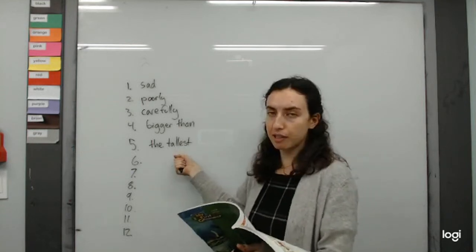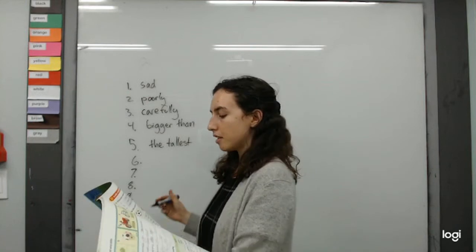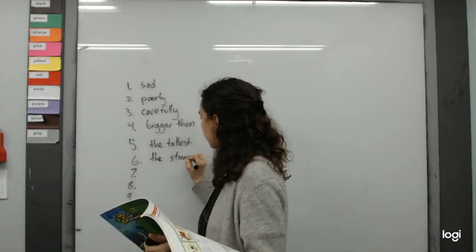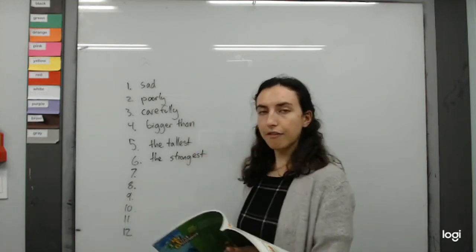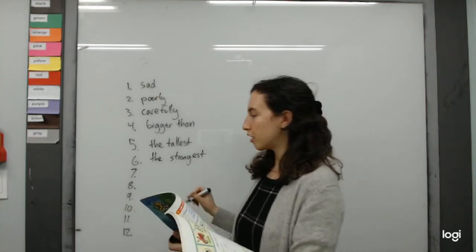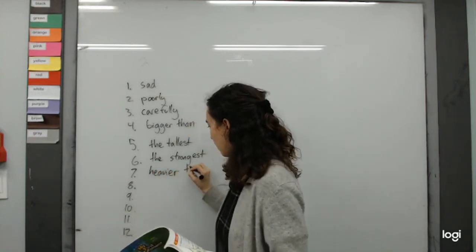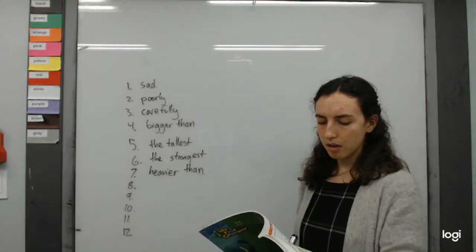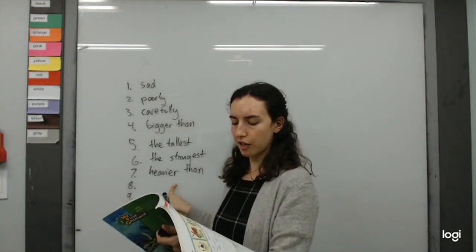So we want superlative, ST for many. Number 6, Tim is the strongest player on the team. And elephants are heavier than gorillas. And the last one for this part, what is the longest river in Asia?